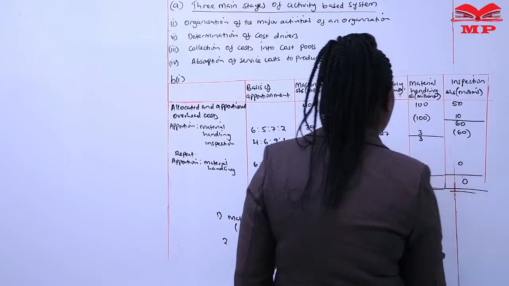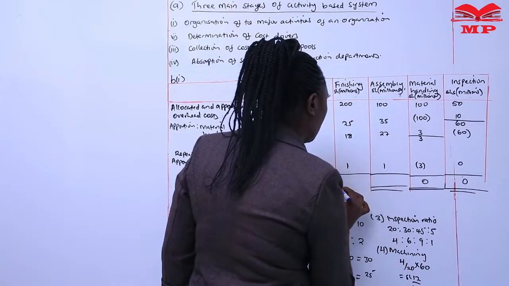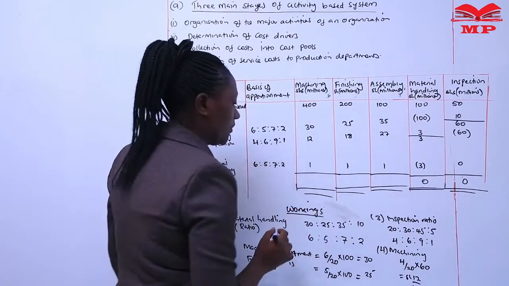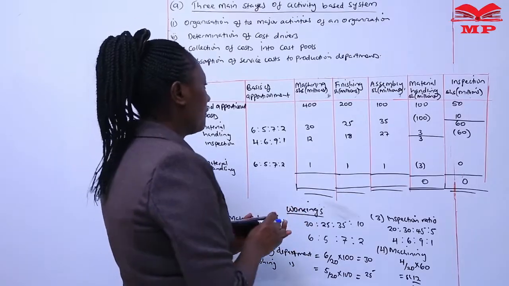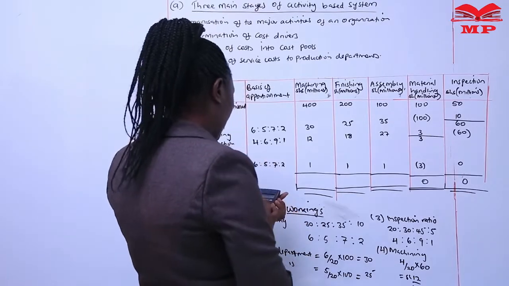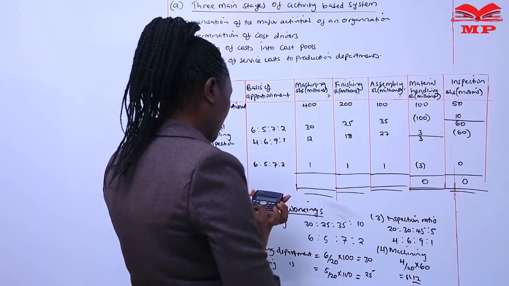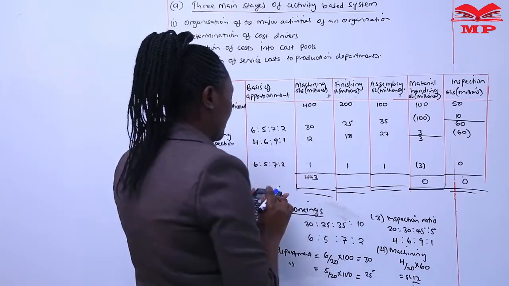So this is a 0, and we are now supposed to get the total for the production department. So for machining, we have 400 plus 30 plus 12 plus 1, which will give us 443.